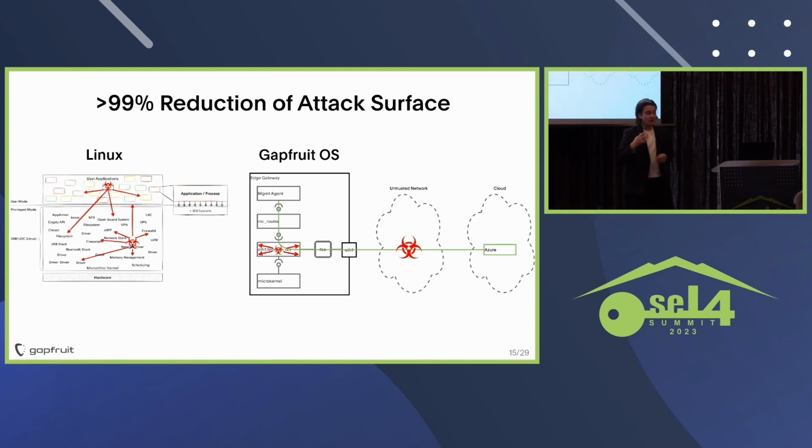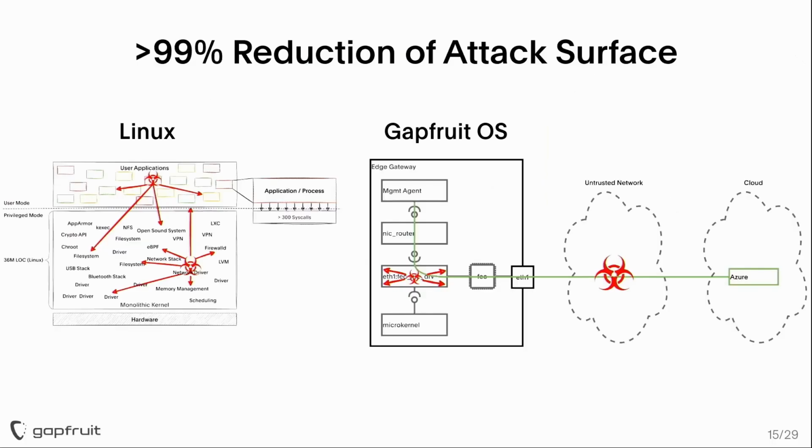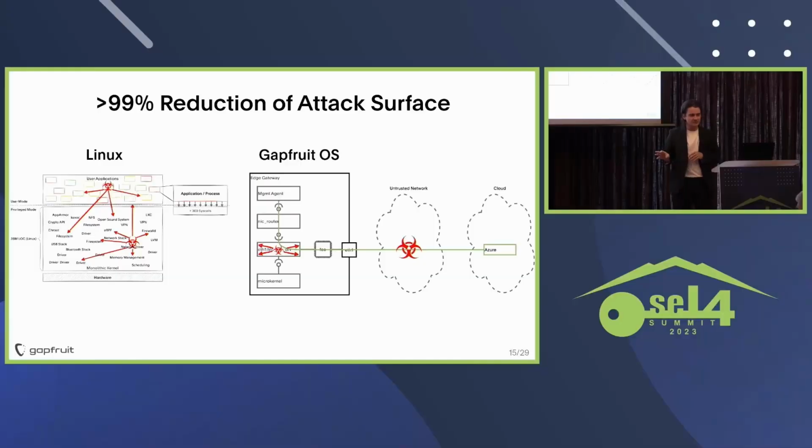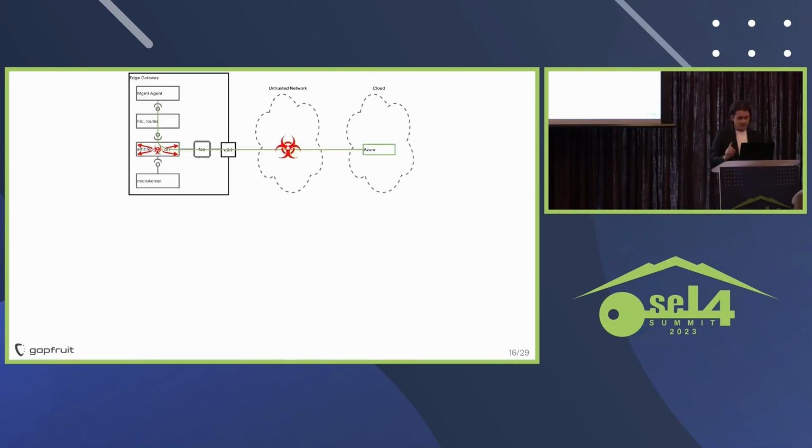And we can even argue that it does not sacrifice confidentiality nor integrity of the communication between a management agent and its cloud counterpart. When it comes to availability, our self-healing driver resilience system will detect a misbehaving component and kill and restart the component without any impact on the rest of the system. I have another demo for that.